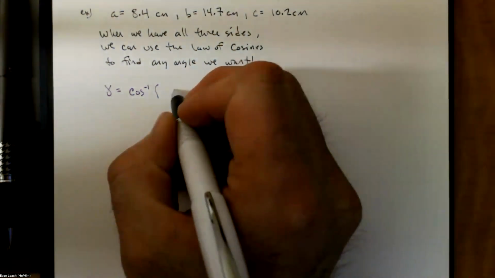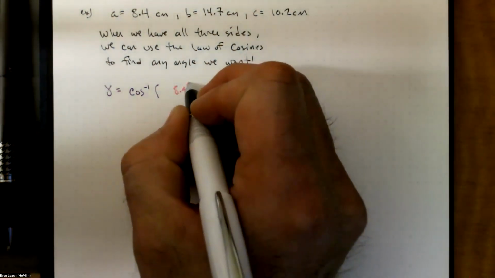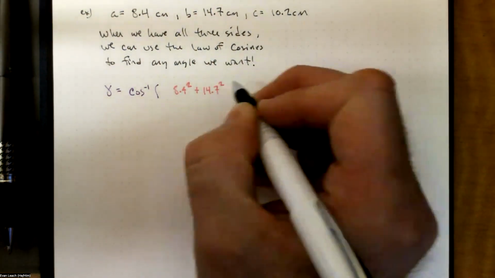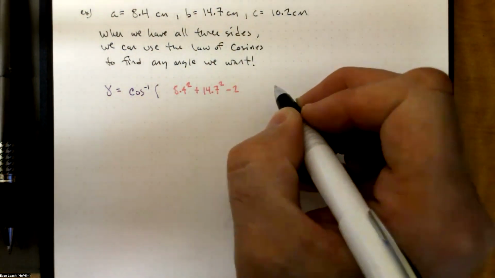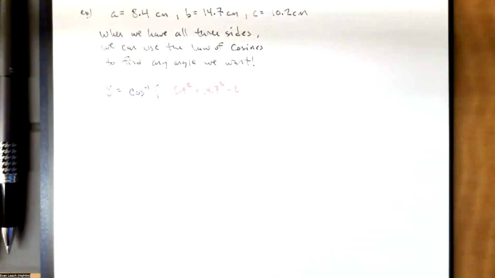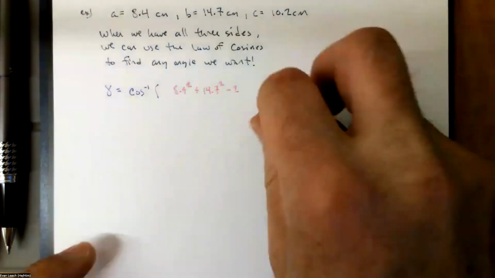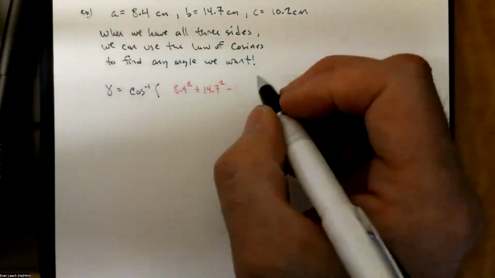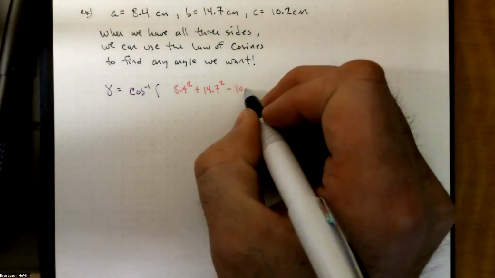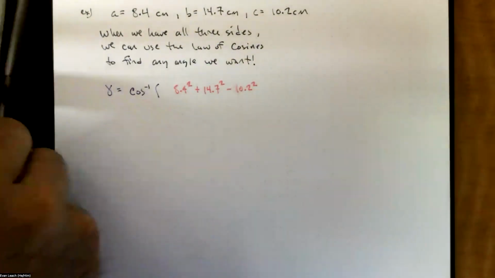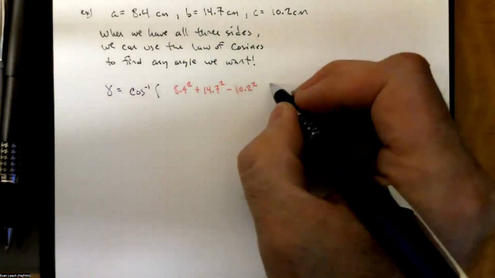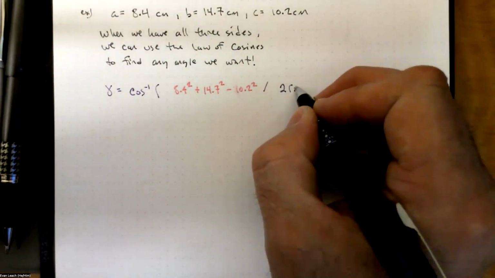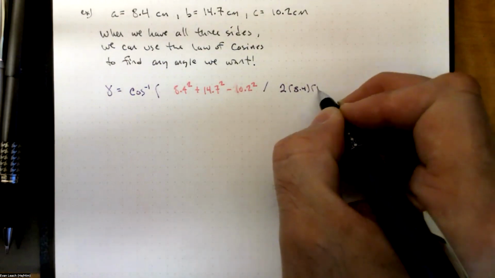So I'm going to have A squared plus B squared minus C squared. This is the angle version. And then this gets divided by 2AB.